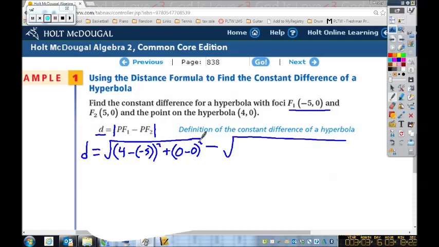Okay. And over here, I'm going to use my second focus point, which is going to be 4 minus 5 squared plus 0 minus 0 squared.